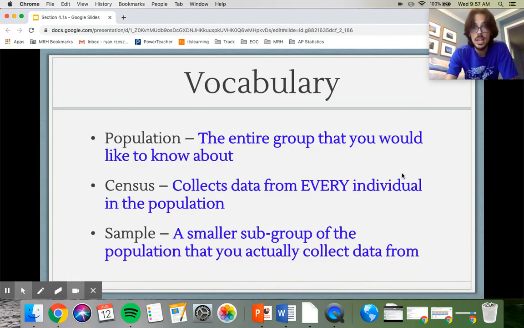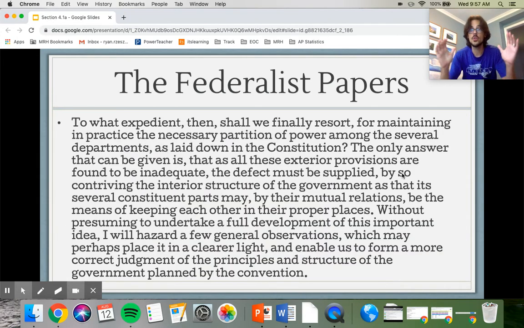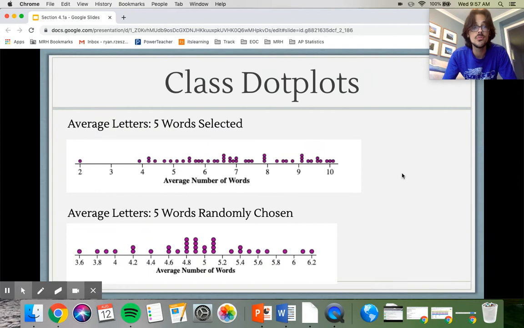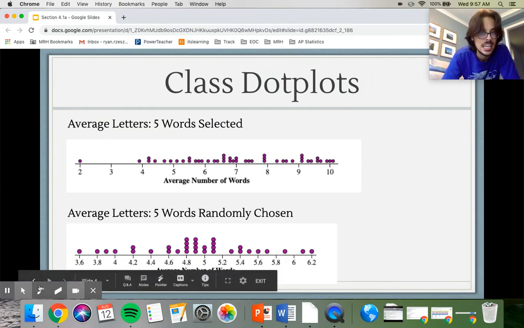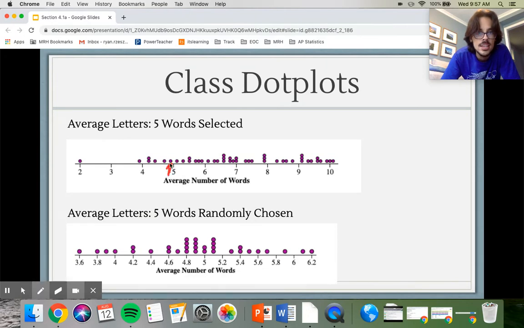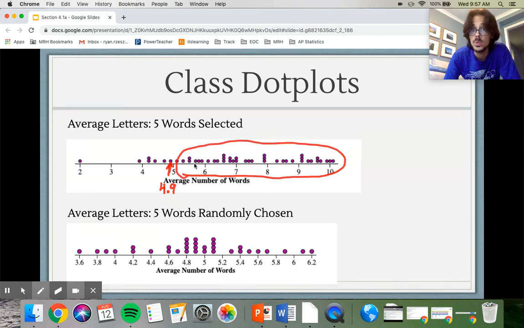The actual average, if you take all 130 of those words and you average the number of letters, the actual average in this document is 4.9. So 4.9 is the true average, which is right here on my dot plots. Most people tend to overshoot that average. Look at all these people who go too high. There's a lot of reasons for that.